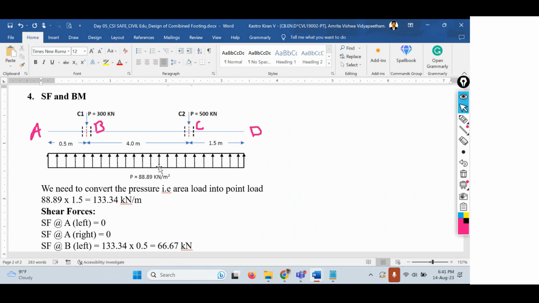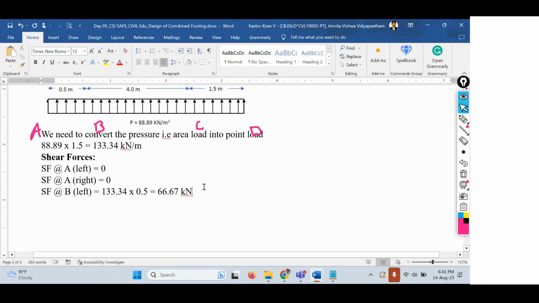Let us have a conversation. So nobody wants to give a try. Right. Let me write that: shear force at B on right side.